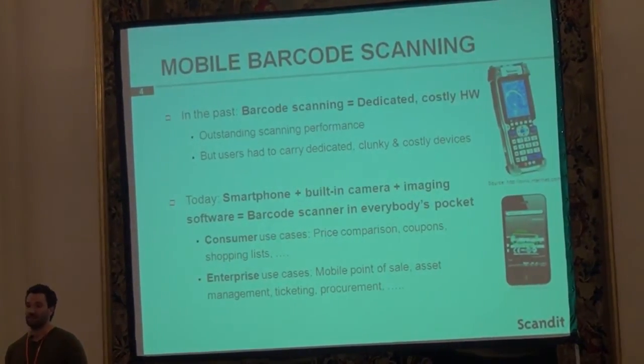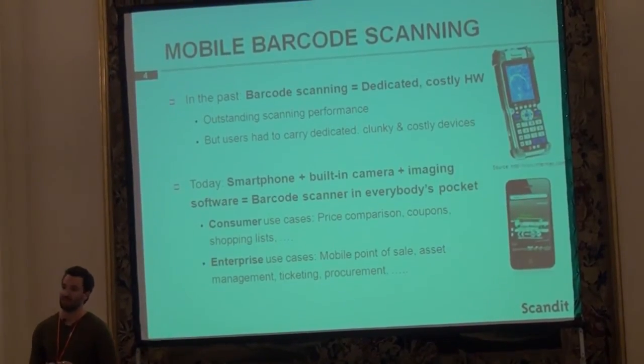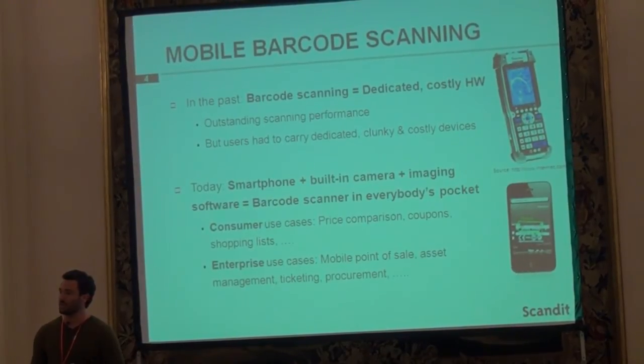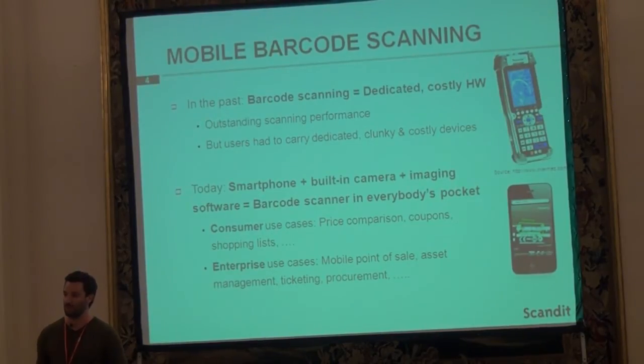Now, with the advent of smartphones and the possibility of leveraging the built-in camera of a smartphone and software on top of that, you can turn essentially every smartphone into a barcode scanner and put them into everybody's pockets. Whereas in the past you could only support these heavy-duty scanners, suddenly you can even support what we call occasional scanners.